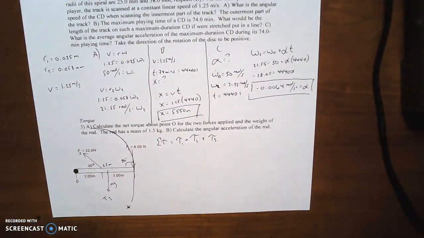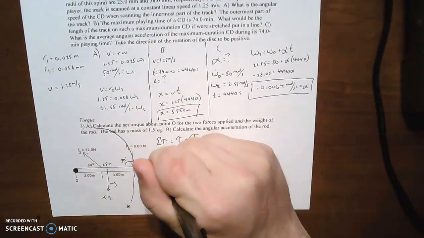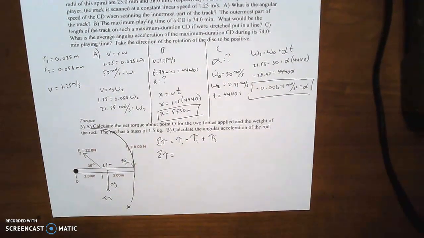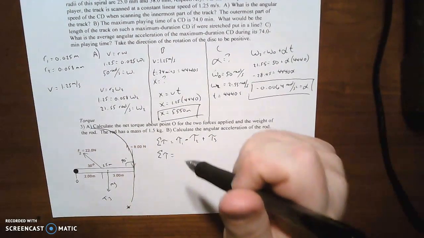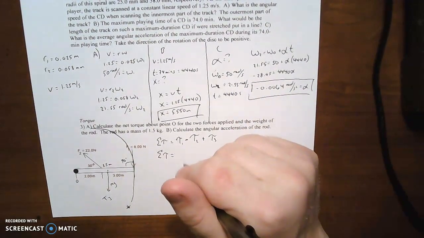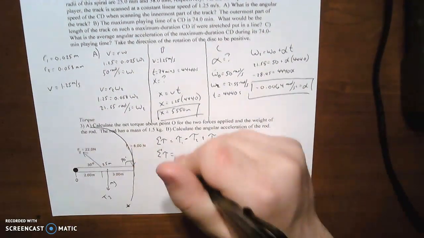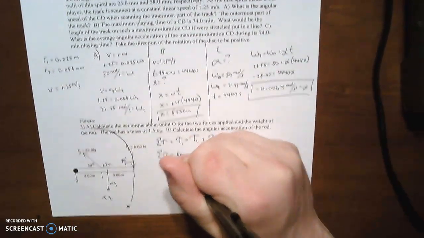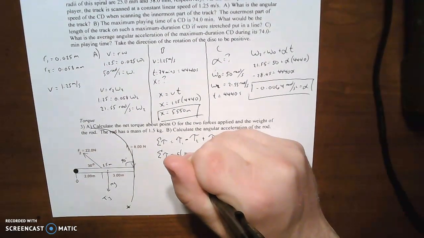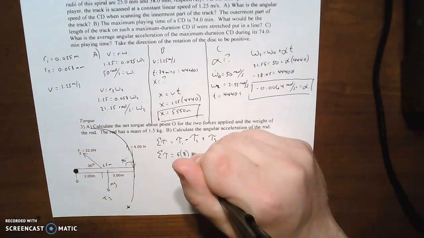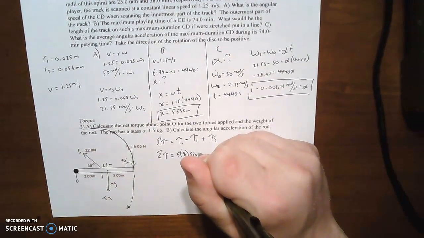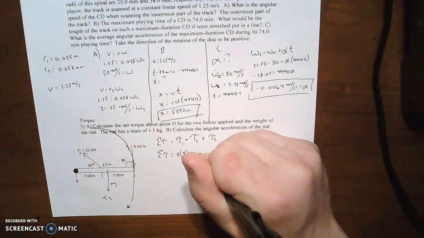So looking here, we have sigma tau. Nothing happens on that side. For tau 1, we're looking at a radius of 5 meters, a force of 8 newtons, and a sine of our phi, which would just be 90 here.